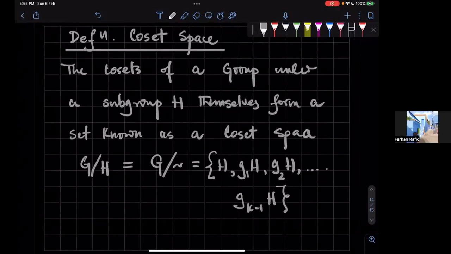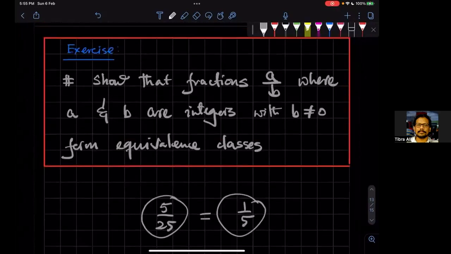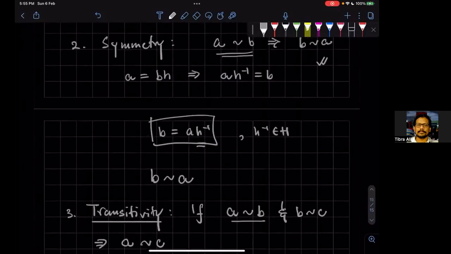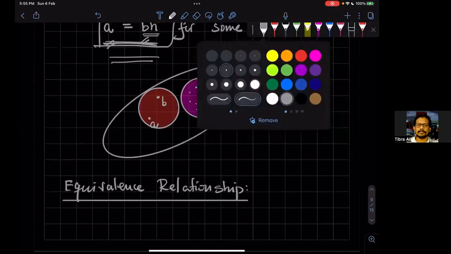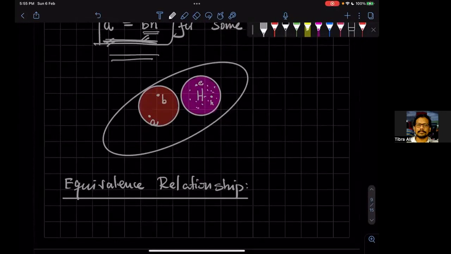Could you explain it a bit? So yeah, let's go to the picture. So this was one coset, H. H is the trivial coset, but this is, say, another coset, BH. And then there will be another coset, say, CH.